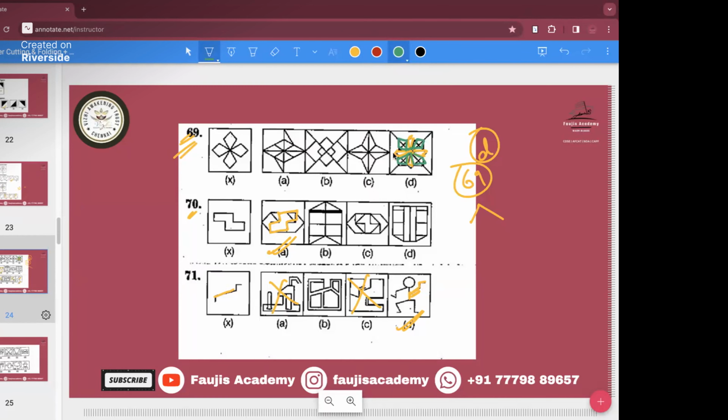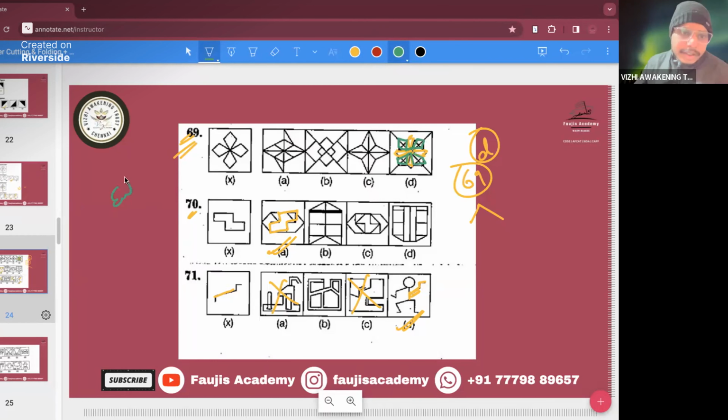In embedded figures, rotations will be there. Look, these ones. This is the answer to the question. Thank you so much. You have got a hawk eye, very sharp eyesight. Right, guys? Just rotate it by 45 degrees and you get the answer.